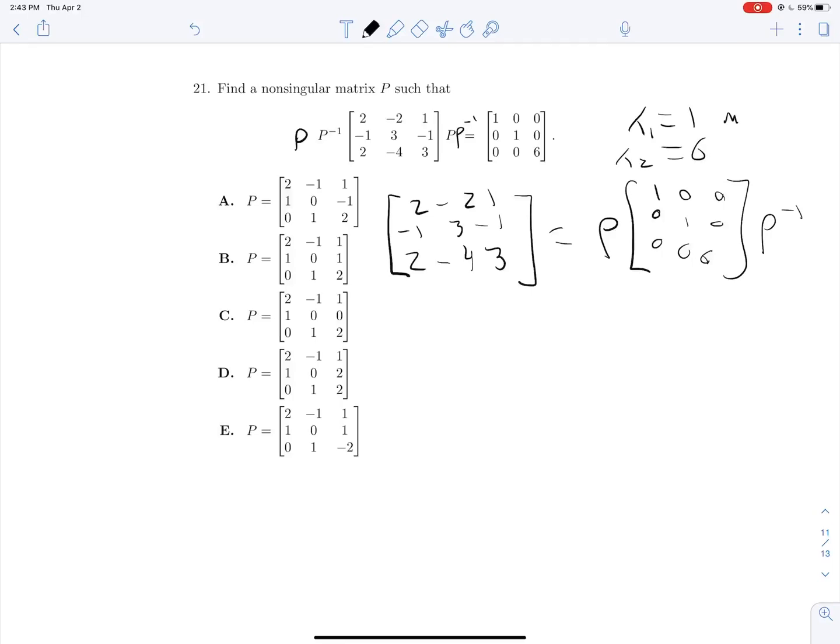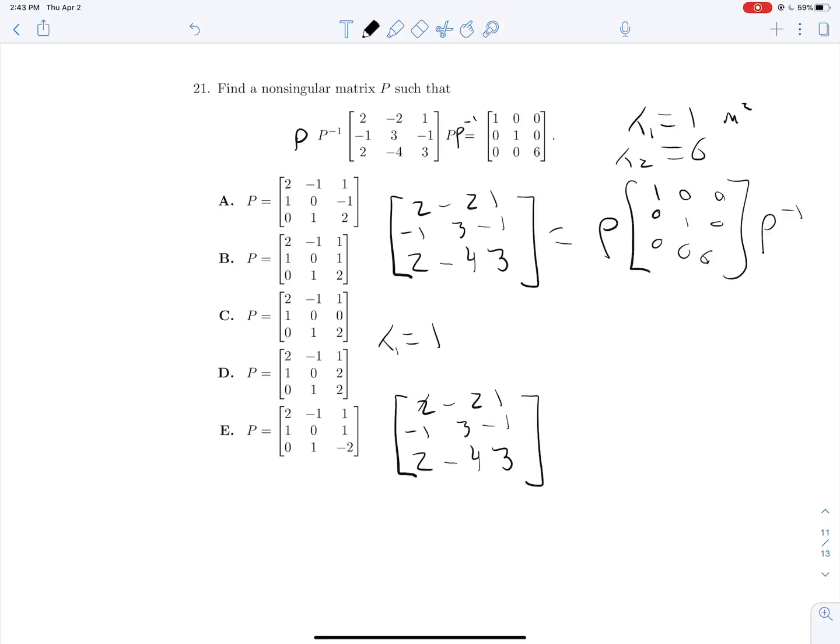And then we also know that P will be composed of the eigenvectors associated with these eigenvalues. So let's solve using lambda equals 1 for the eigenvectors.